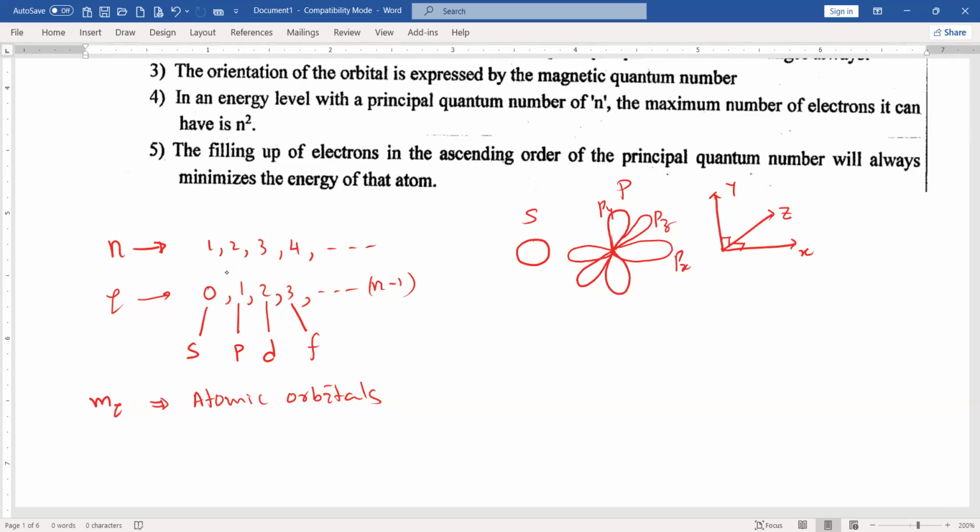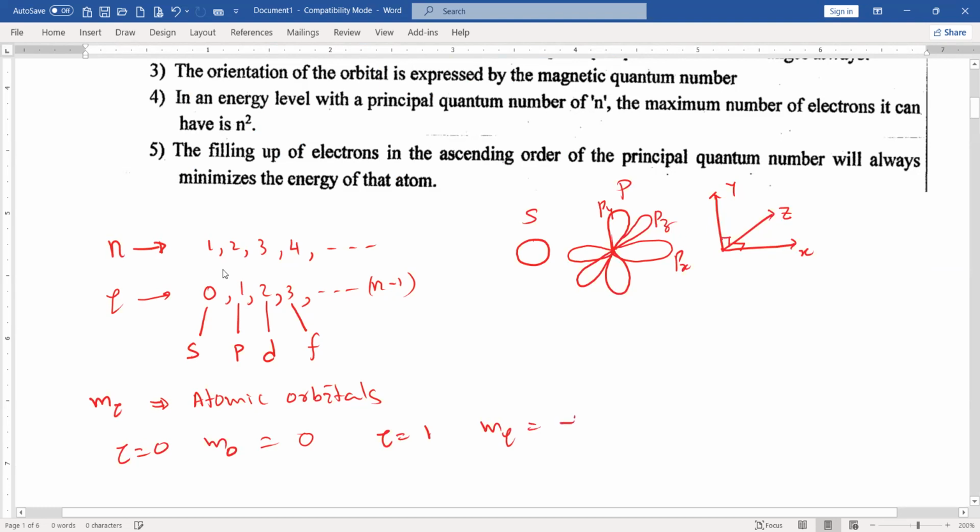Then for ML values, if L equals 0, that means ML is 0 only. If L equals 1, then ML can take -1, 0, and +1.